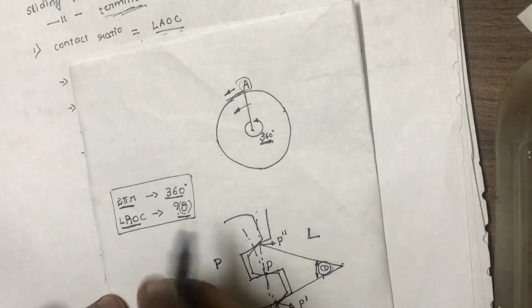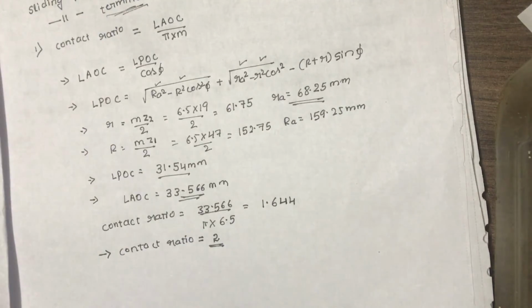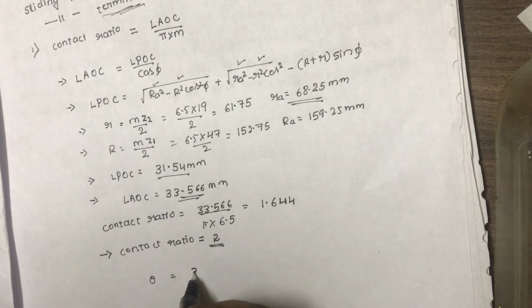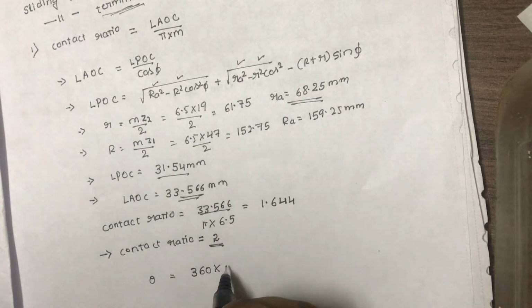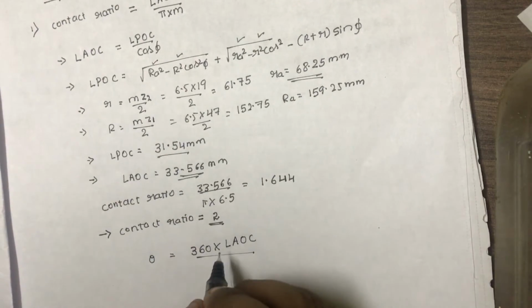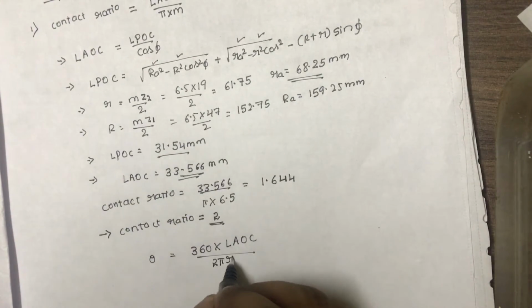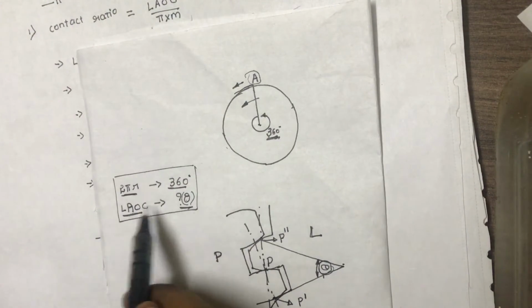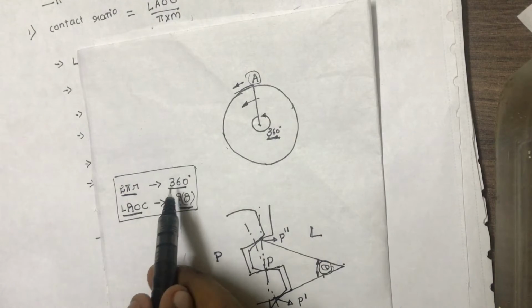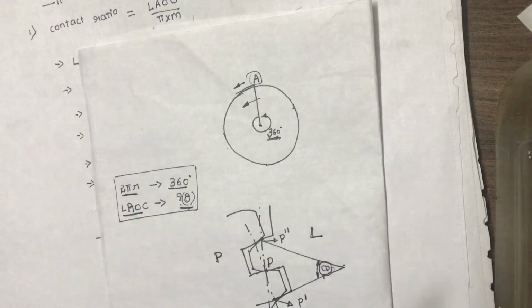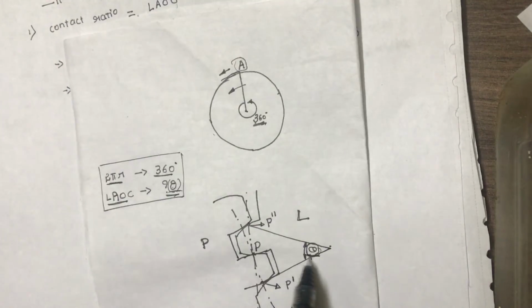So the formula becomes, on cross multiplication, theta is equal to 360 into LAOC divided by 2 pi r. On cross multiplication, theta is equal to 360 into LAOC divided by 2 pi r is the formula to find this value, theta.